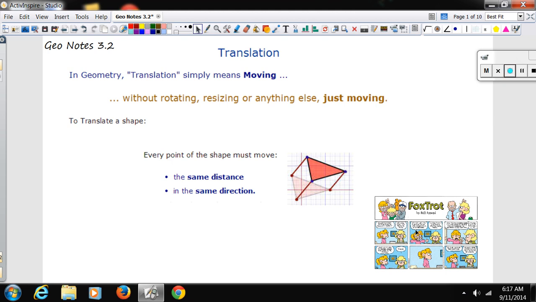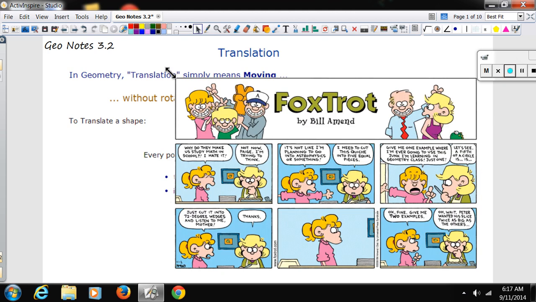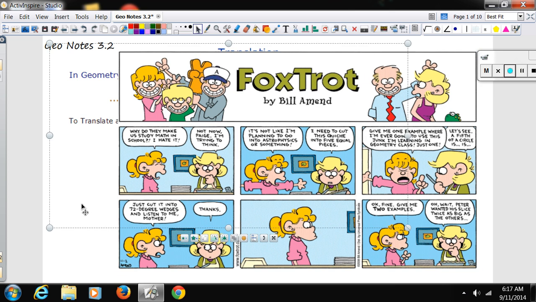Oh, I forgot our comic for the day. Here we go. It's Foxtrot, my favorites. And here's Paige complaining. She says, "Why do they make us study math in school? I hate it." "Not now, Paige. I'm trying to think. It's not like I'm planning to go into astrophysics or something. I need to cut this quiche into 5 equal pieces." "Give me one example where I'm ever going to use this junk I'm learning in geometry class.